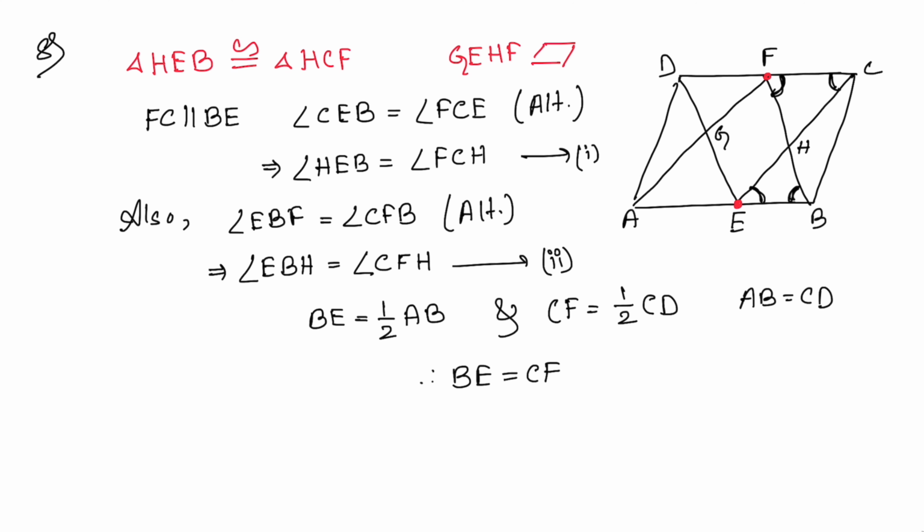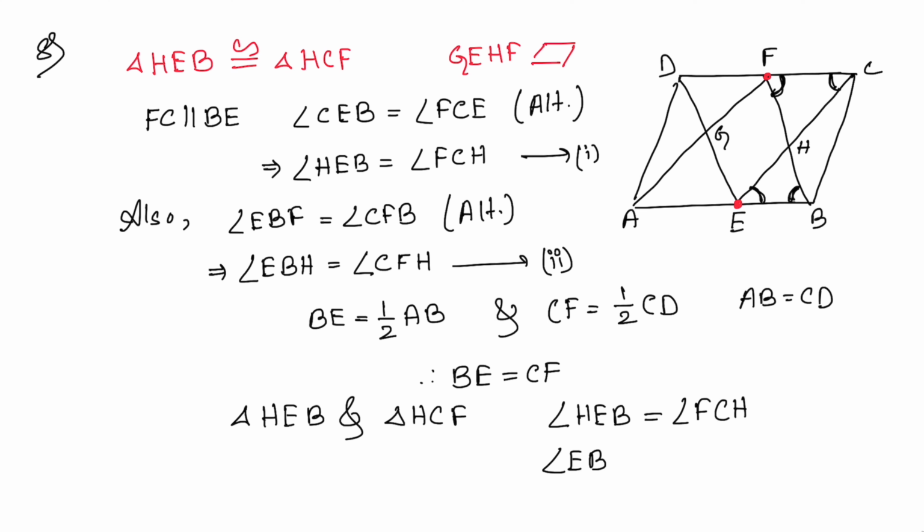Then from triangle HEB and triangle HCF, here the first one, angle HEB is equal to angle FCH. Second one, EBH is equal to CFH.